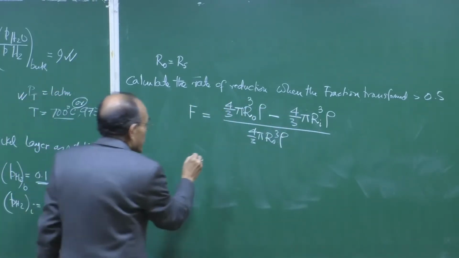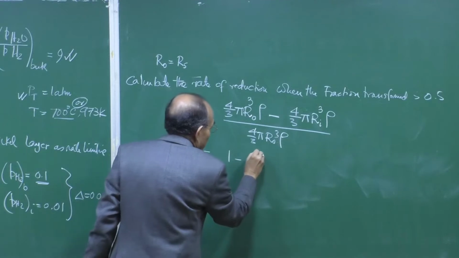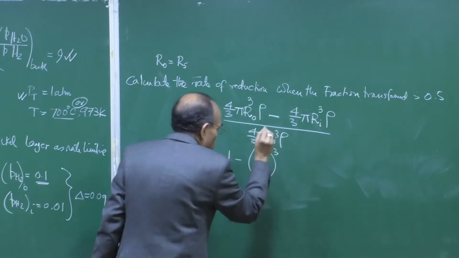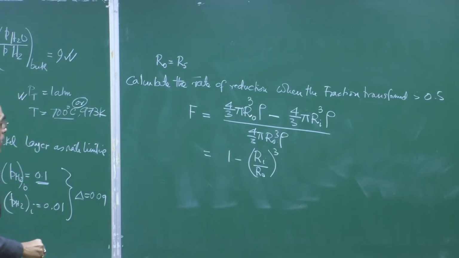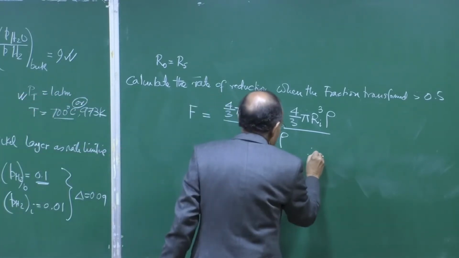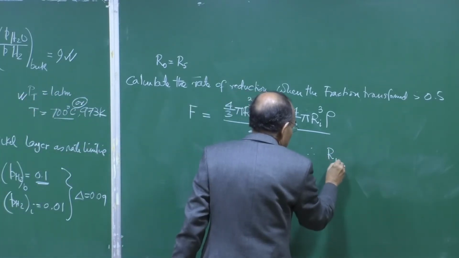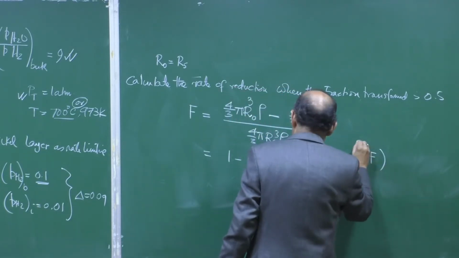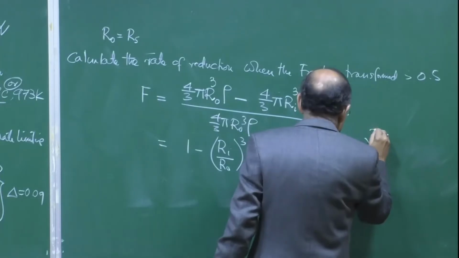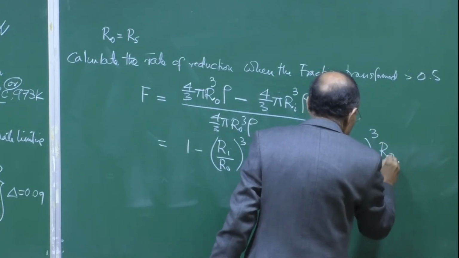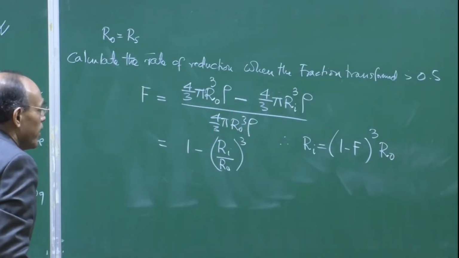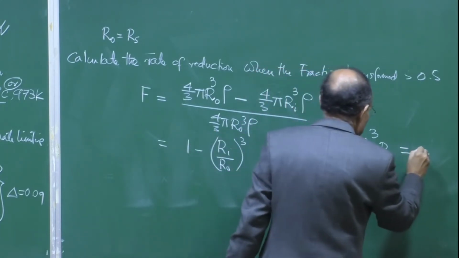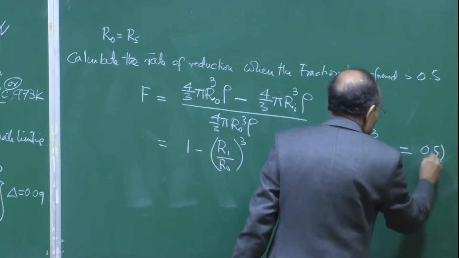And it is based on this that I have gotten 1 minus Ri by R0. So, given the constraint, we have Ri by R0 equal to 1 minus F, and therefore, Ri is equal to R0 times 0.5 raised to the power 1 by 3.